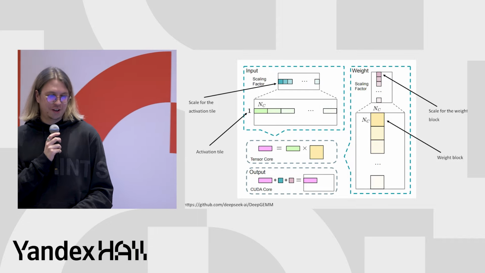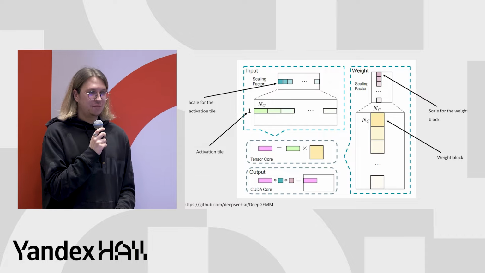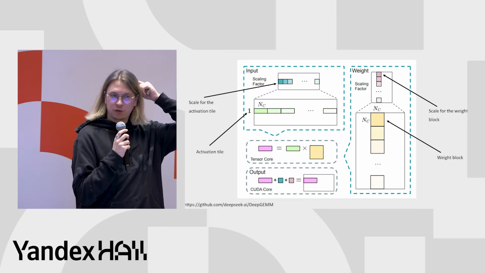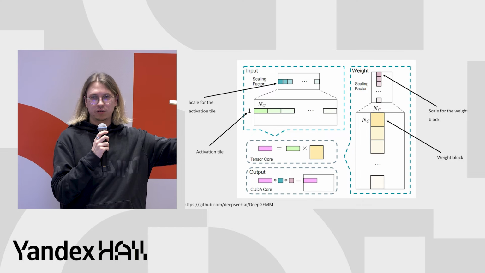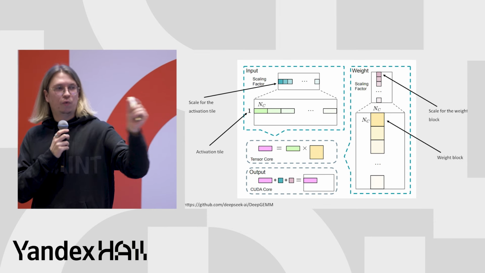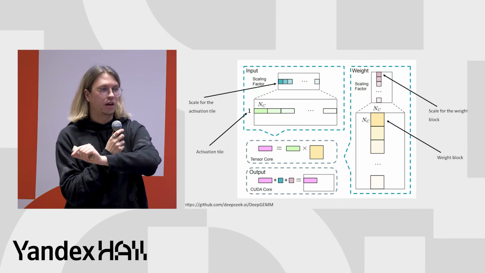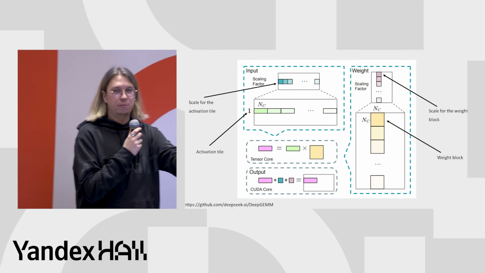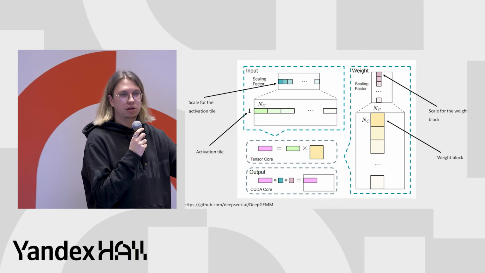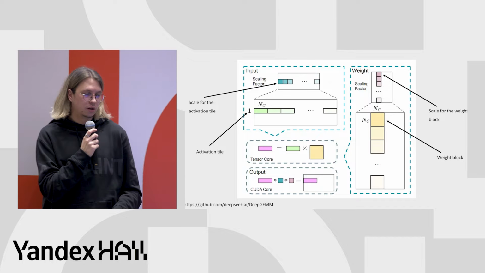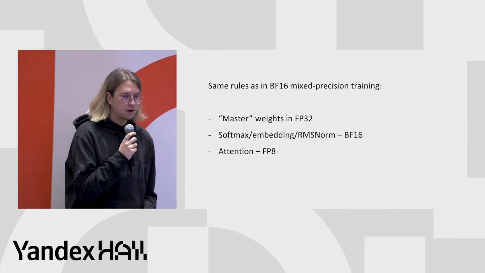This is a very terrifying image, but actually what happens is here on top we have activations, which are quantized in tiles, and you have weights, and you can read one tile for activations, one block for weights, and the corresponding scales. And you just process one tile, one block, and one number for scales, and multiply them efficiently inside a GPU. This library is available on GitHub. You can go and use it.